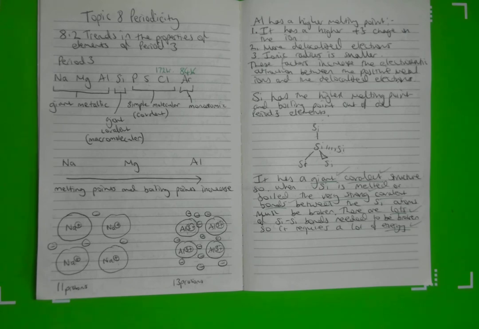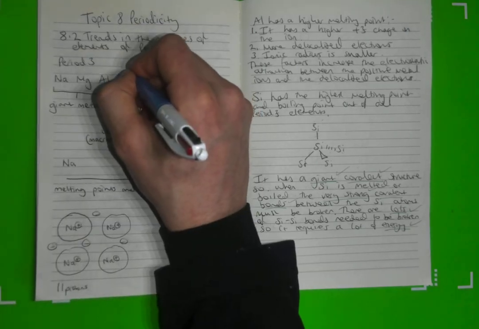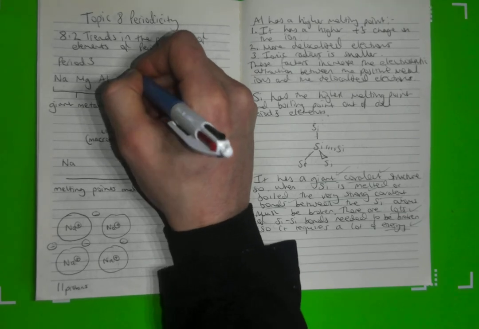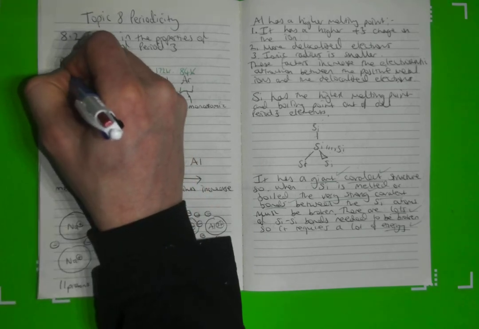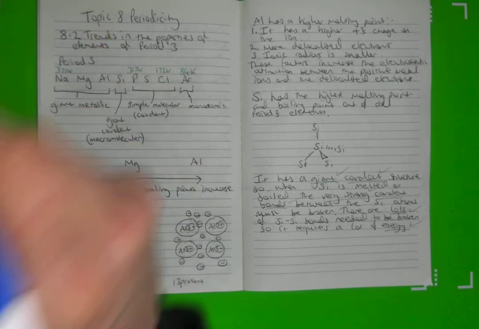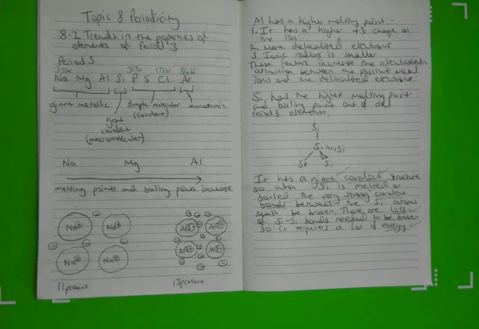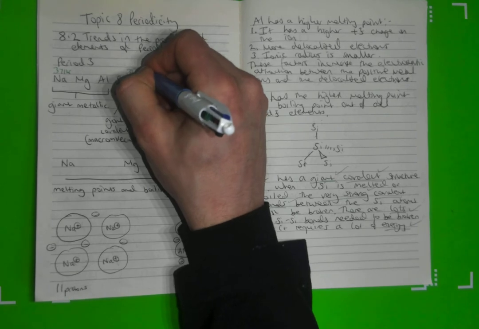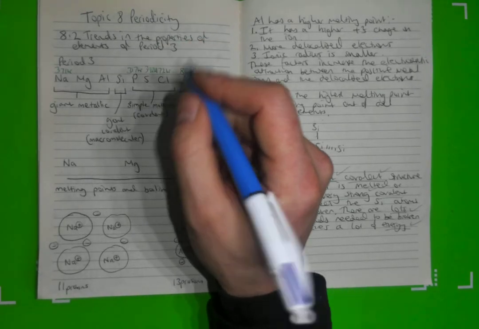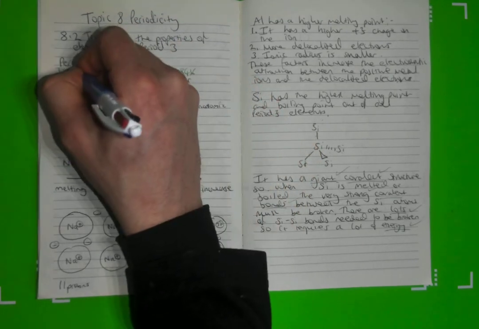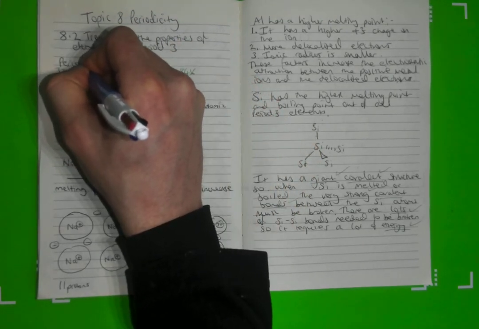And the one after that is 317. And then you've got sodium, which is 371. And then it's sulfur, which is 392. And then magnesium is 922.